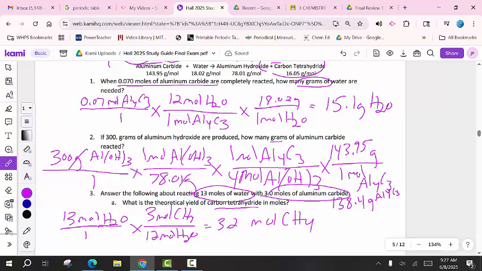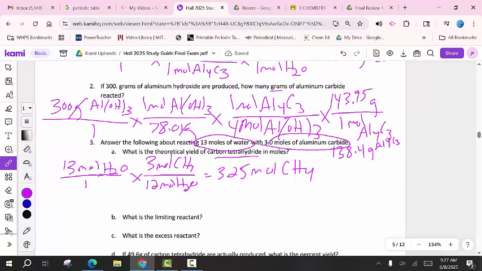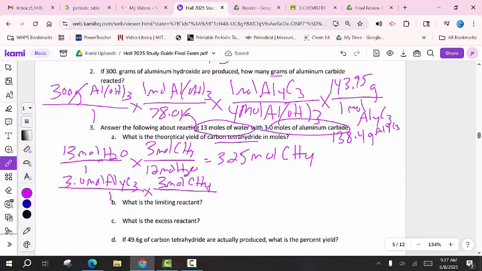Okay, because they give me the other reactant, I have to do the same thing and consider how much the other reactant can make. So I'm going to start with 3 moles of the aluminum carbide. And I'm going to the CH4 again, so I'm going to use CH4 on top. But for the bottom, I'm going to use 1 because there's a 1 in front of it in the reactant for the aluminum carbide.